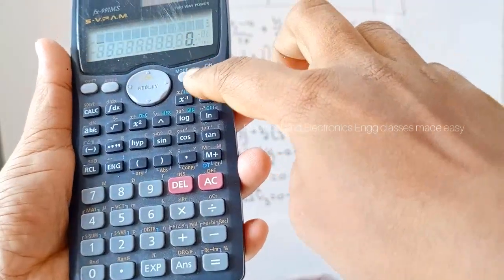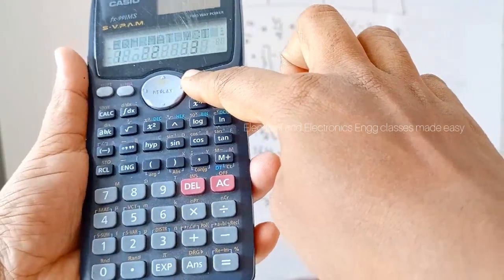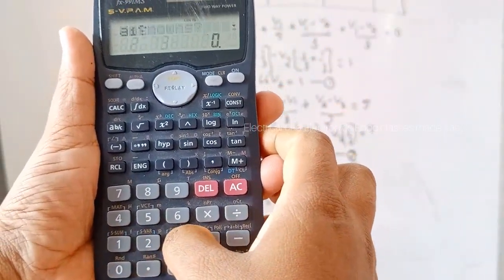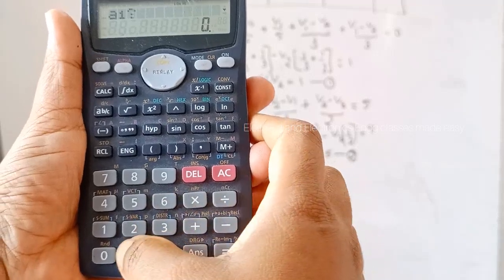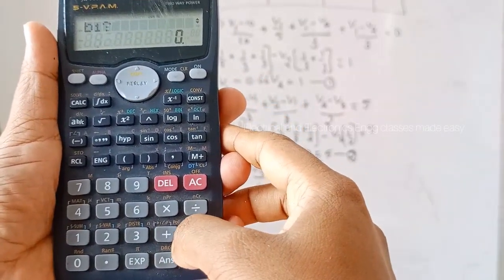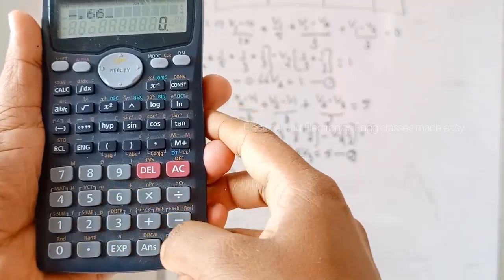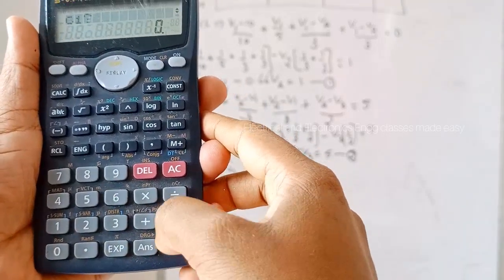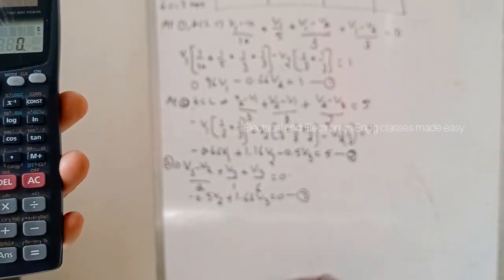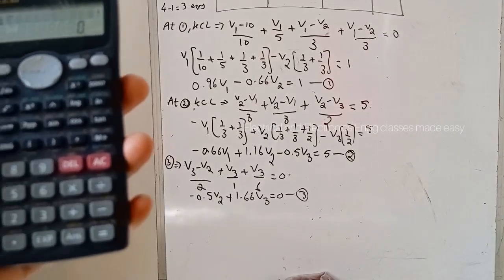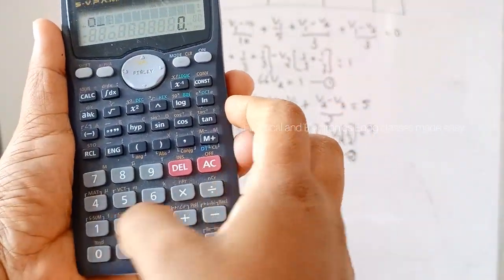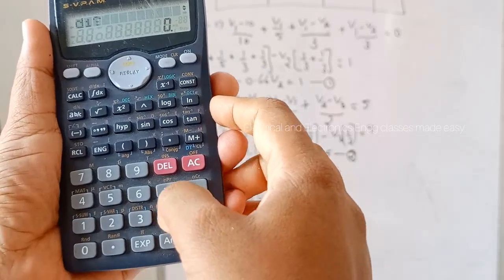So in the calculator the mode is set to equation mode, then unknowns are 3, A1 is 0.96, then B1 is minus 0.66, then C1 is 0, because in the first equation V3 is 0, then D1 is 1.